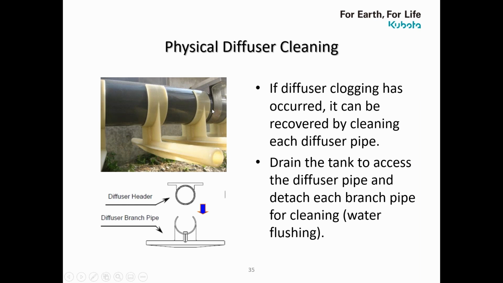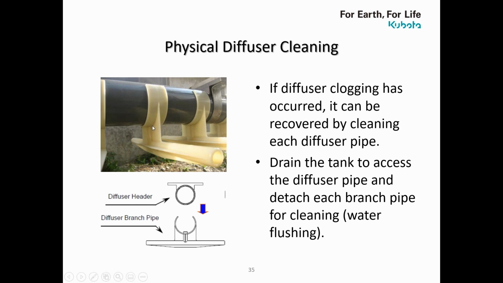Physical diffuser cleaning is something you may not want to do, but it has happened in the past at some plants when a lot of rags or heavy sludge or grit built up at the very bottom of the diffuser. Sometimes it blocked the diffuser, and we had to clean these diffusers manually.